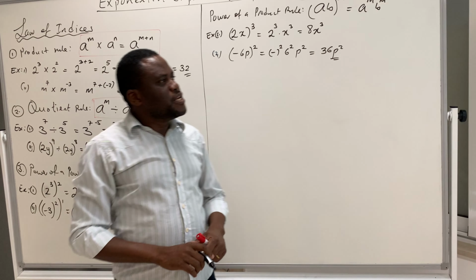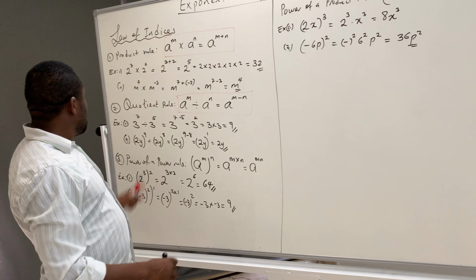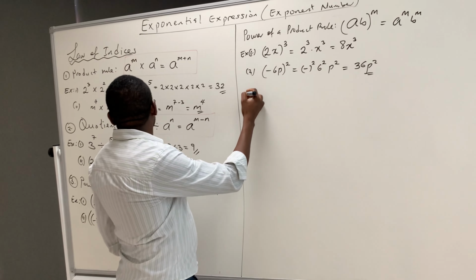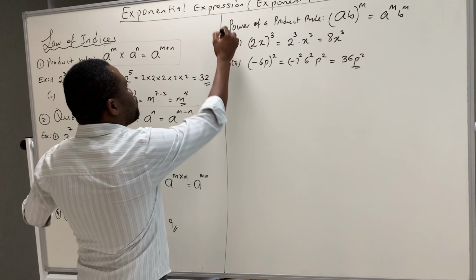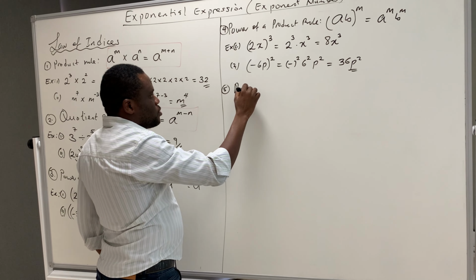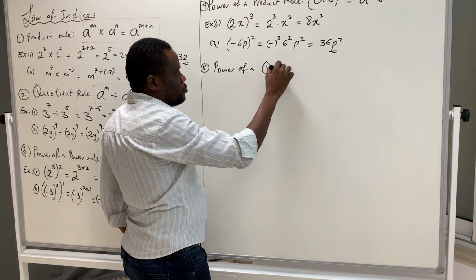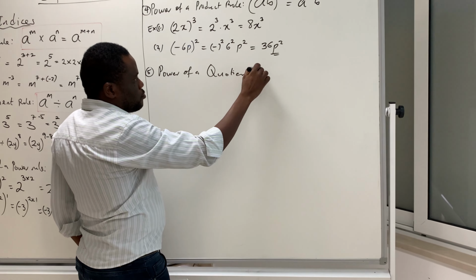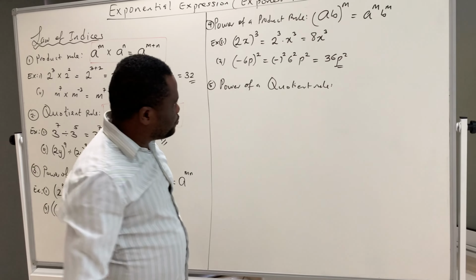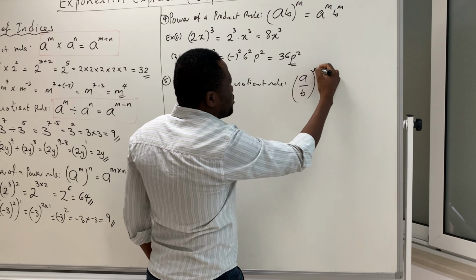Yes. The next rule is power of a quotient. This is rule 5. Power of a quotient. You can say (a divided by b) to the power of m.